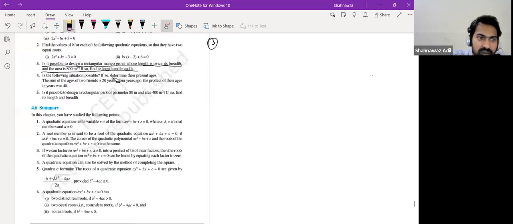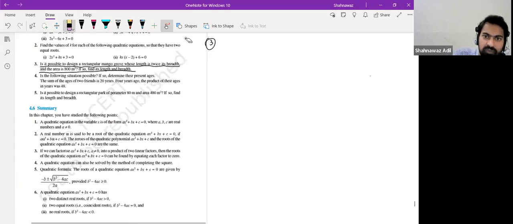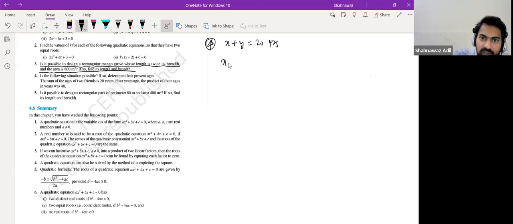Okay, so the next 4th question is, if the following situation is possible, if so, determine their present ages. The sum of ages of 2 friends is 20 years. Right, 5 years ago, the product of their ages is 48.